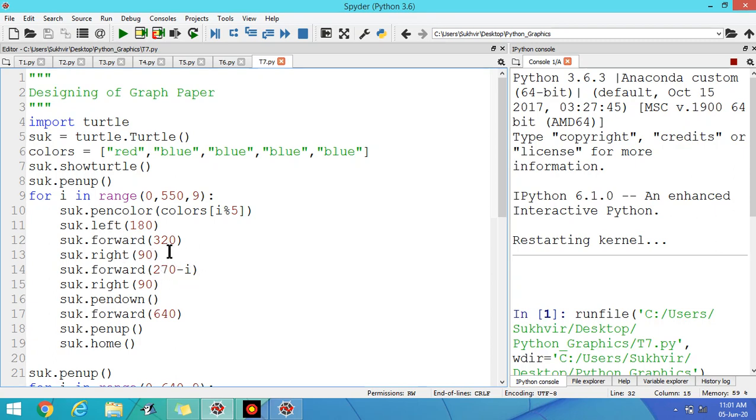Then at a distance of 270, basically we are moving the turtle to the first location, that is the top left corner of the screen. Then setting again at an angle of 90 degree, then moving forward. Here pen down is required because you have to draw the horizontal line.